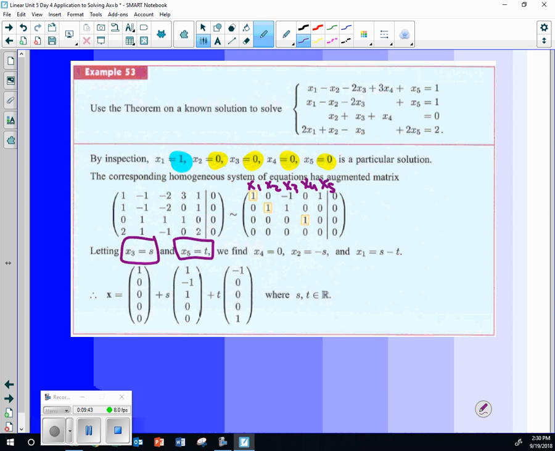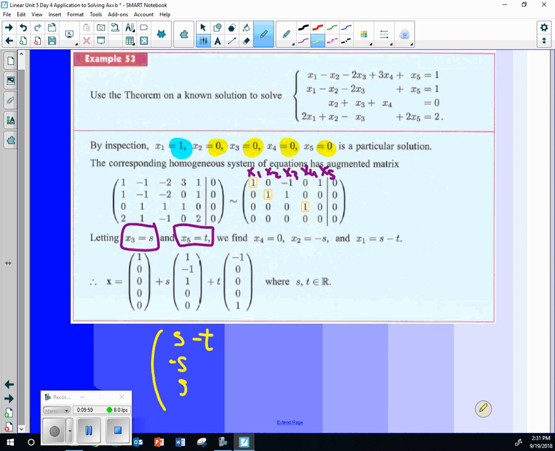And we've got all the rest of these. If you remember, see how nicely this works as a review? x1 is s minus t, x2 is negative s, x3 is s, x4 is 0, and then x5 is t. So can you see how we get 1, negative 1, 3, 0, 1, negative 1, 1, 0, 0, negative 1, 0, 0, 0, 0, 1, and then where in the world did that come from?